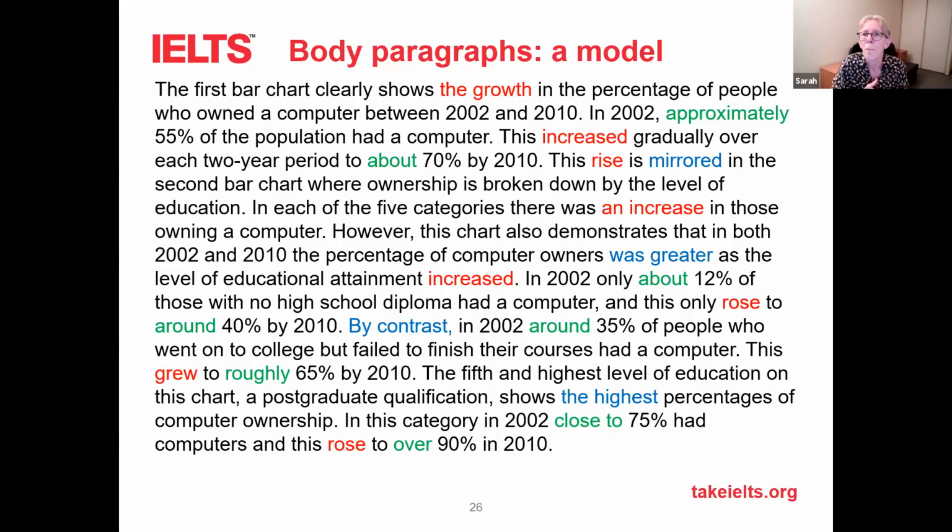Yes, this is making the links, making the comparisons between the 2 diagrams where this rise is mirrored. So you're making a comparison between the 2 diagrams, and then further down, you're making a comparison between the different levels of education and computer ownership.